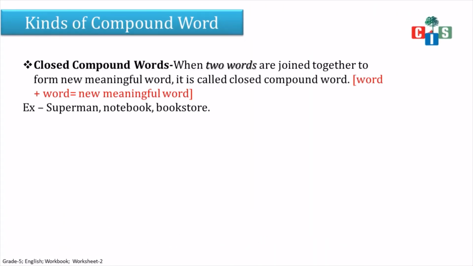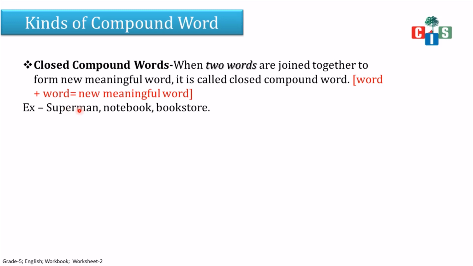Kinds of compound words. The first one is closed compound words. When two words are joined together to form a new meaningful word, it is called a closed compound word. When two meaningful words are joined together to form a new meaningful word, without space and without hyphen, then it is called a closed compound word.